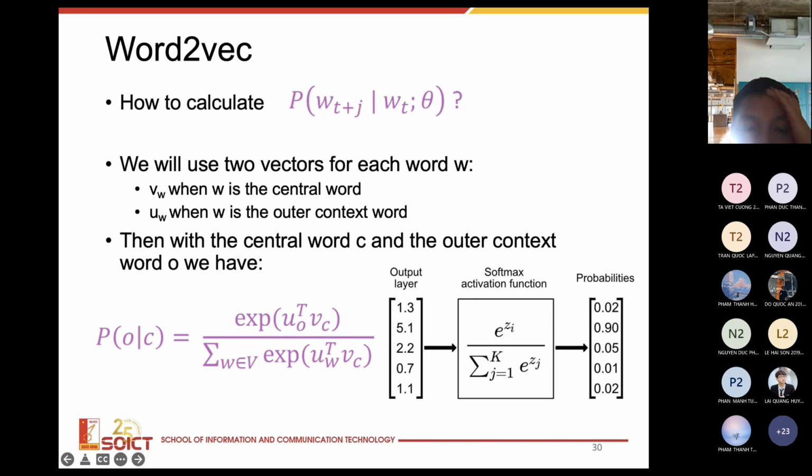And this exp here is the way we do the softmax function. UO transpose VC here is the multiplication of UO and VC. Then we do exp and divide over this sum, and then we get back the probability.